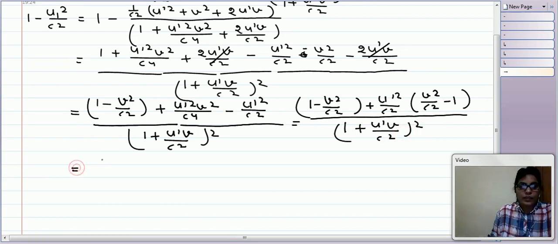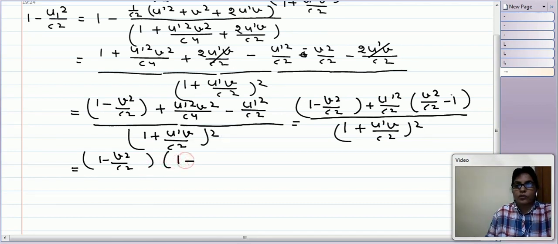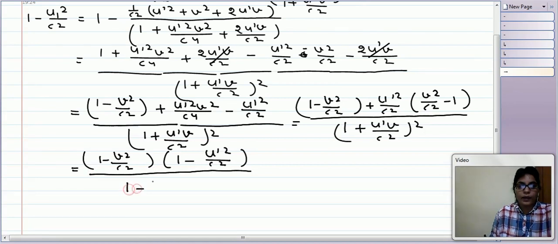Now again let us take 1 minus v square by c square as common. Then within bracket we have 1 minus, because it is inverse, so if we write it as 1 minus v square by c square, then there will be a negative sign. So it is 1 minus u dash square by c square, and then divided by 1 plus u dash v upon c square whole square.